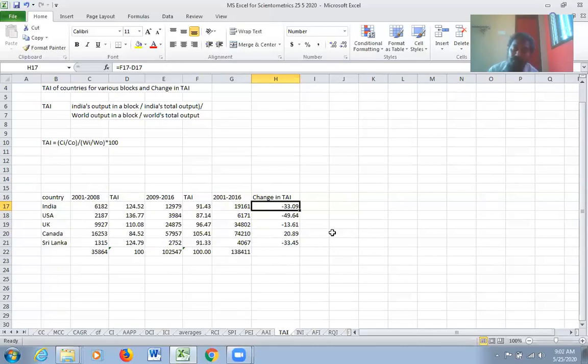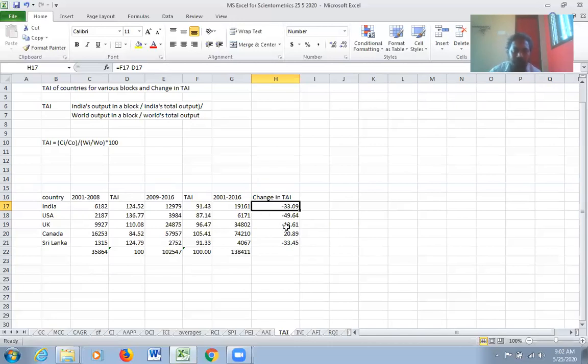And very importantly, after calculating activity index for two different blocks, you need to calculate the change in transformative activity index. That means F17, the transformative activity index of one period, minus D17, the transformative activity index of the earlier period. So current block minus previous block, so that the activity index change is negative.